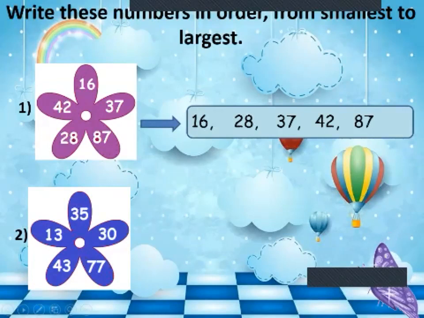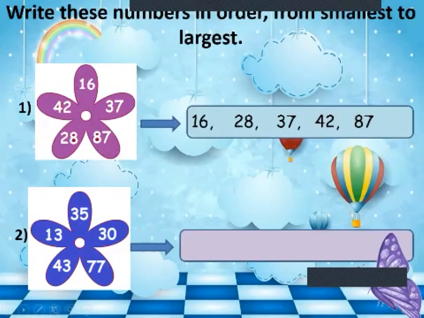Now coming to the next question, it's 35, 30, 77, 43 and 13. Now these numbers you have to arrange from smallest to largest. The first one is 13.